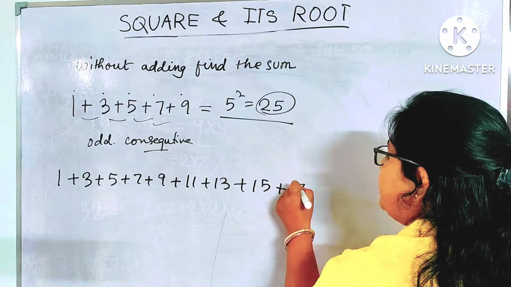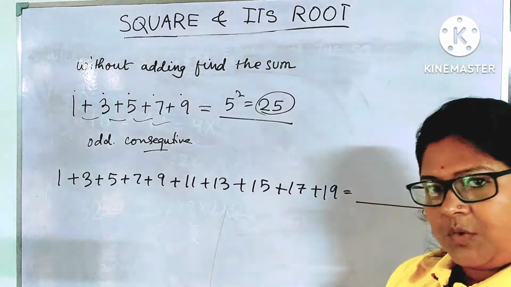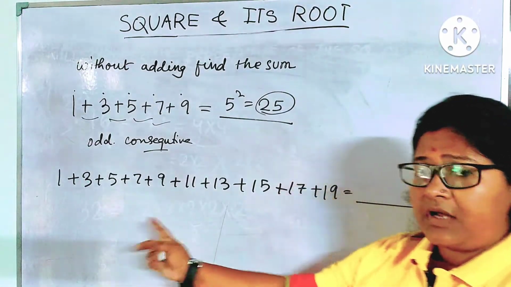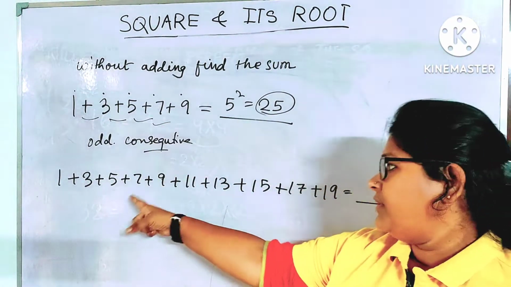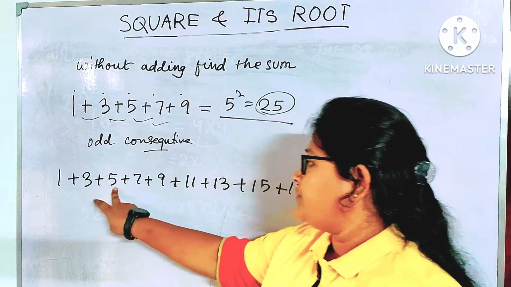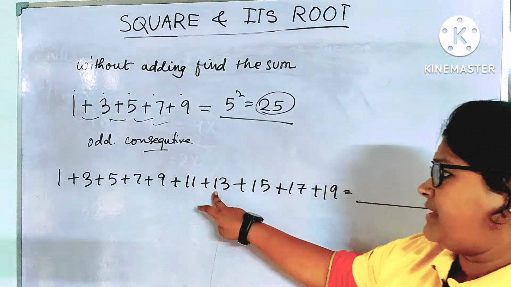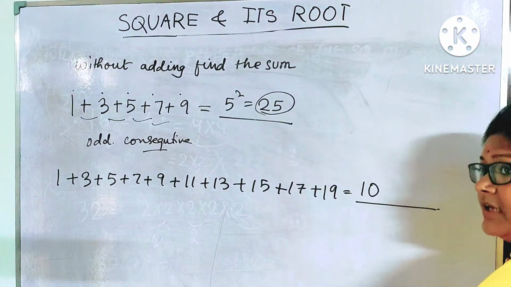Yes, I am actually going a bit big. Okay. How many numbers are there? I told you they are all odd, as well as consecutive. You can say alternate numbers. 1, 2, 3, 4, 5, 6, 7, 8, 9, 10. How many numbers are there? 10 numbers are there.